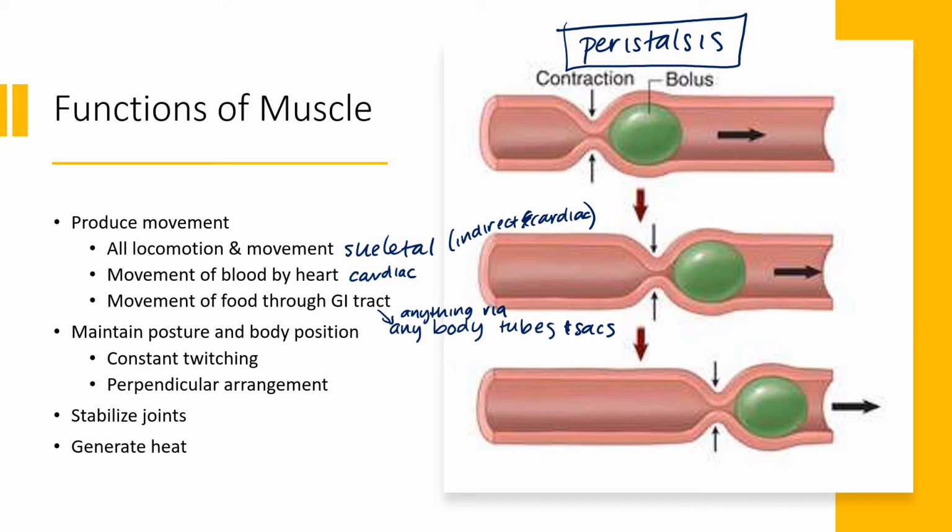So it'll pinch off, and at the same time, the walls of the longitudinal layer of smooth muscle, the long ways layer that are all oriented like this, will shorten and contract up towards that contraction. When it does that, it makes it so that the path of least resistance is down the length of the tube in the direction you want.